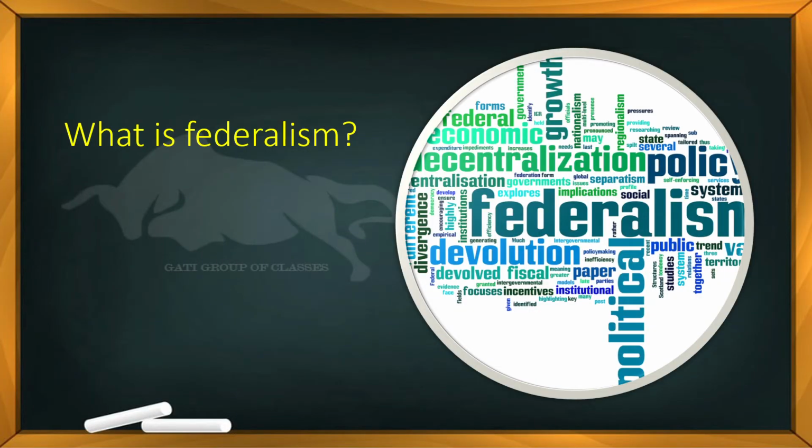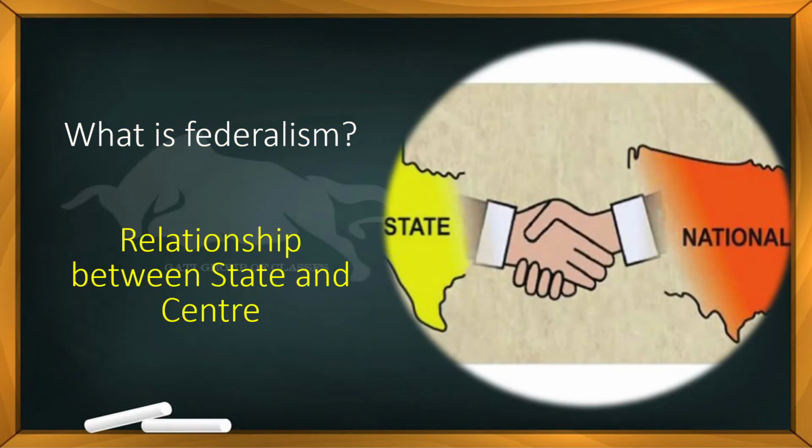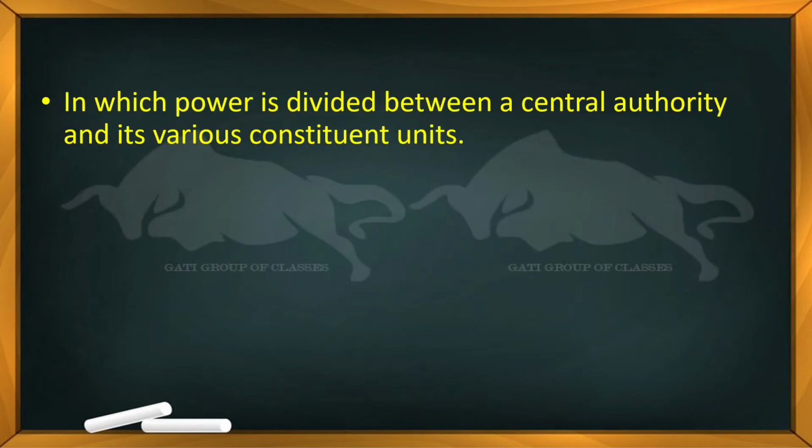First of all there is a question: what is federalism? Actually, what does federalism mean? We have to conclude this thing. It is the relationship between the state as well as the center. There is a relationship between these two organs, the state and the center of any country. We are not talking about only India, but about federalism in general.